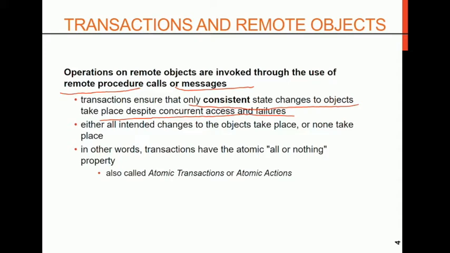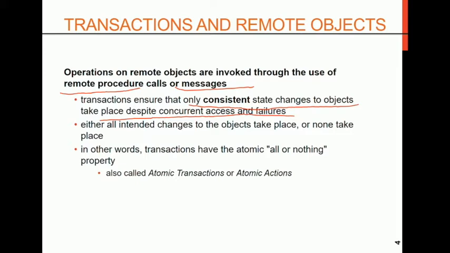If a failure has happened, you need to be able to take the system back to some kind of state which you consider to be consistent. Okay, so for example, the simplest example is a bank transfer. If I transfer some money from my bank account to another bank account, and during this operation the second bank account goes down, then we shouldn't be in a state where nobody has the money.